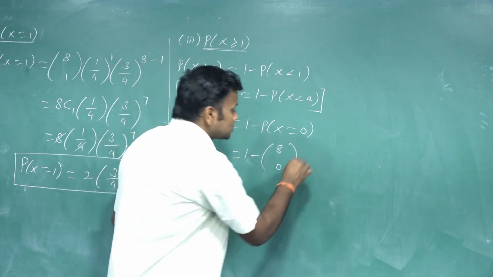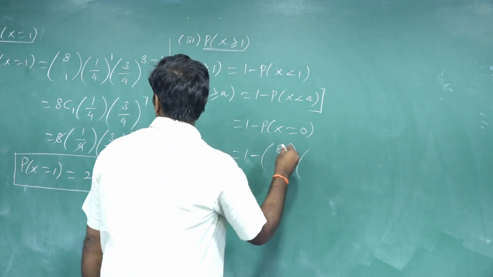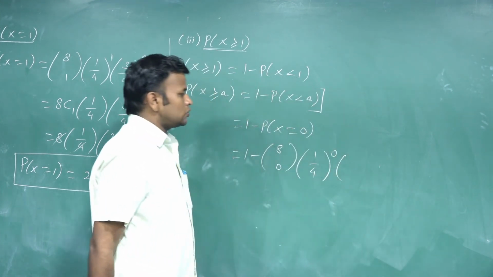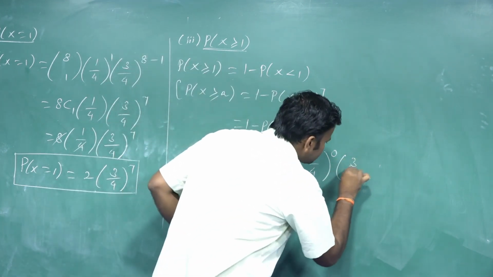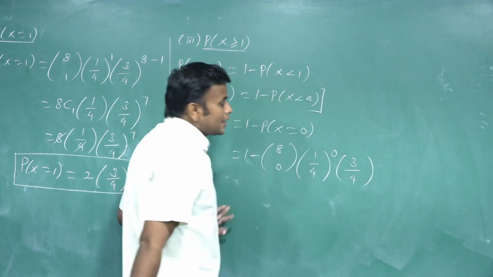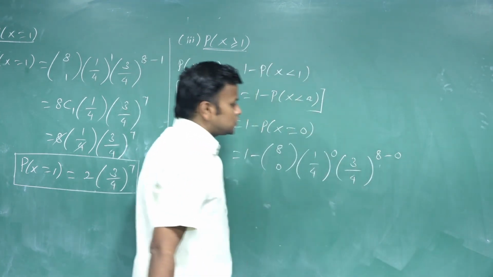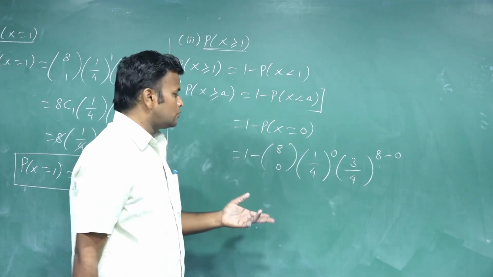P power X, the value of P is here 1 by 4, power 0, because X is exactly 0. Q is 3 by 4, power n minus X: 8 minus 0. The n value is 8 minus the X value 0.